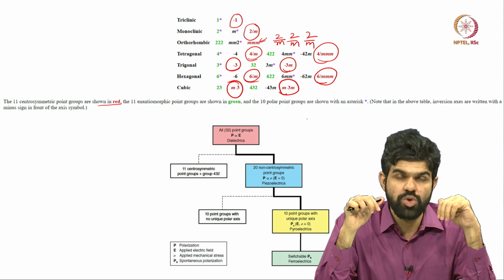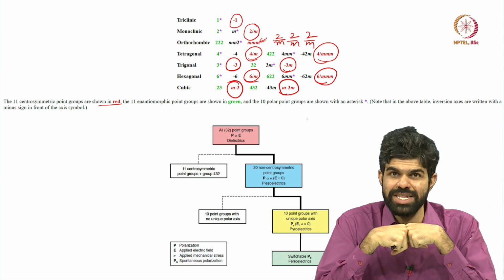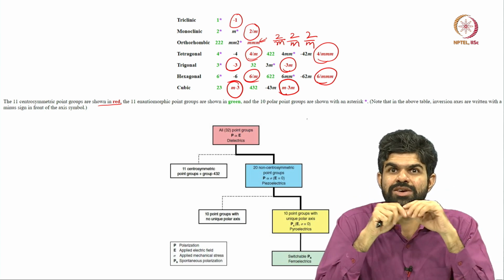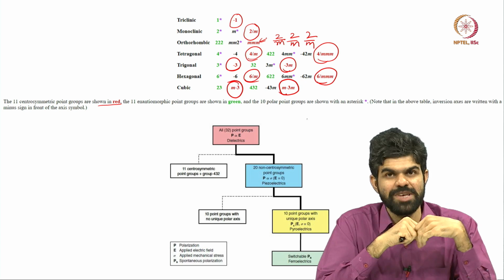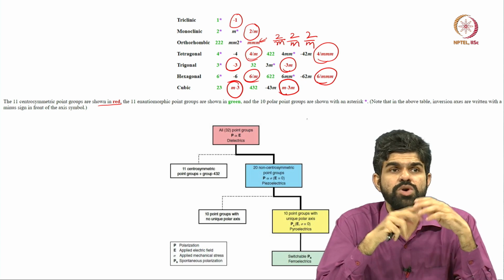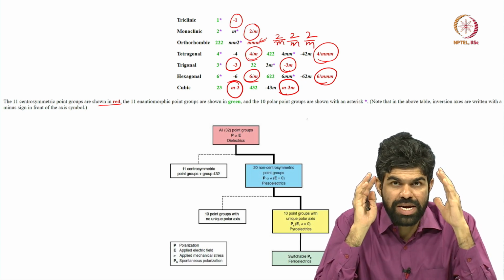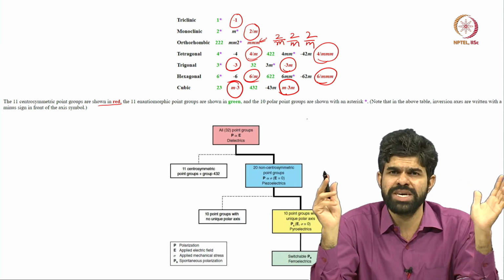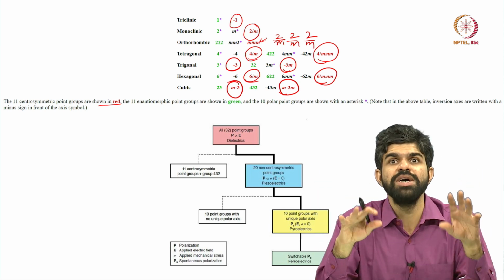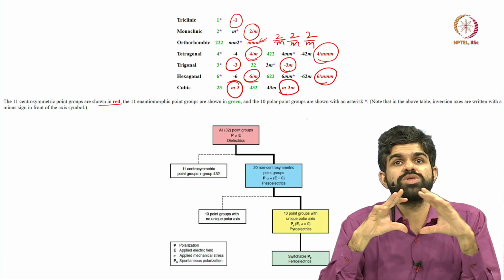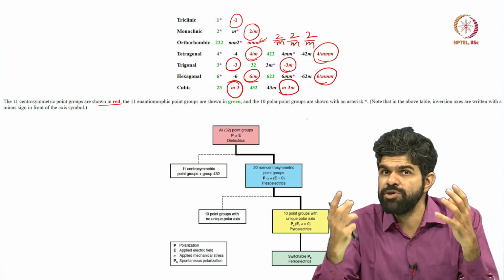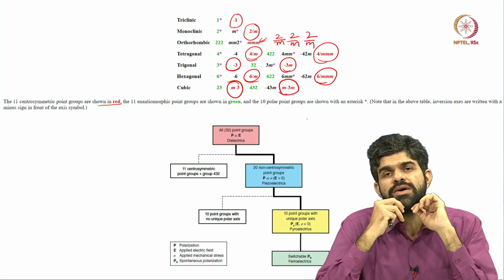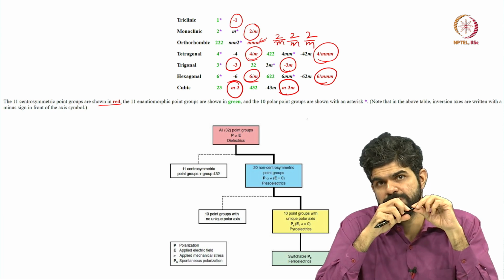So, if I have to look for my piezoelectric materials among a class of crystals, I have classified all my crystals into 32 different point groups. All my crystals will have some sort of underlying point group. Then I give you a crystal and I ask you to check whether it is piezoelectric or not.